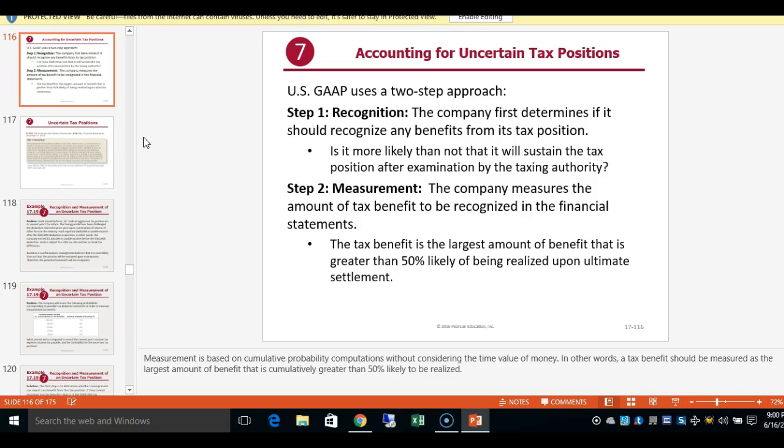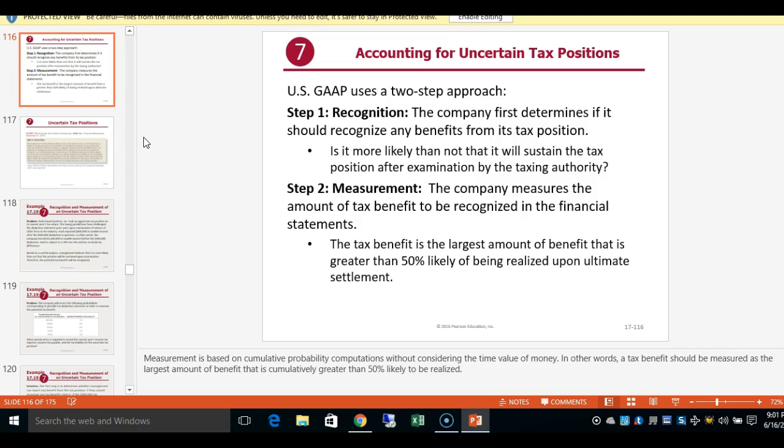When there are uncertain tax positions, meaning companies take some deductions that might be questioned by a taxing authority, GAAP allows us to recognize that deduction based on uncertainty with a certain guideline that is depicted right here in the PowerPoint.